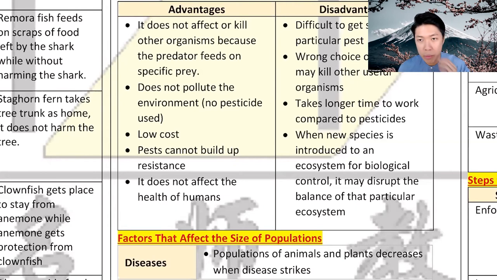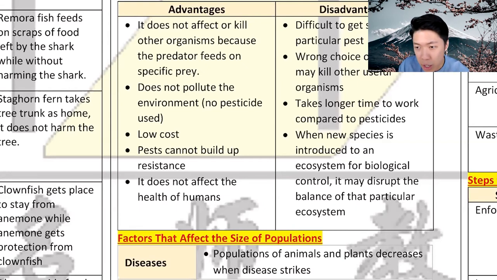There you go. Chat box, everybody. See, instead of writing low cost, you do like how I showed you. Okay? This is what I call comparison. So can you all do the third one for yourself? You choose whichever you all want. Okay? But do the opposite. Do not harm other organisms because predators just feed on specific prey, so you have to do the opposite also, while pesticide will kill all the organisms.